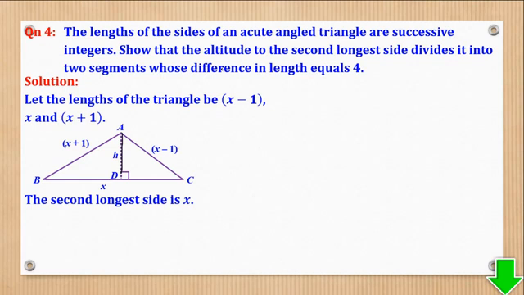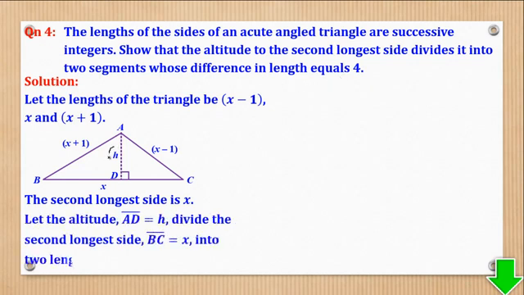So you drop a perpendicular to divide BC into two segments whose difference in length equals 4. So the difference they mean is that, for example, BD minus DC, you must get 4. So basically that's what they want you to prove.